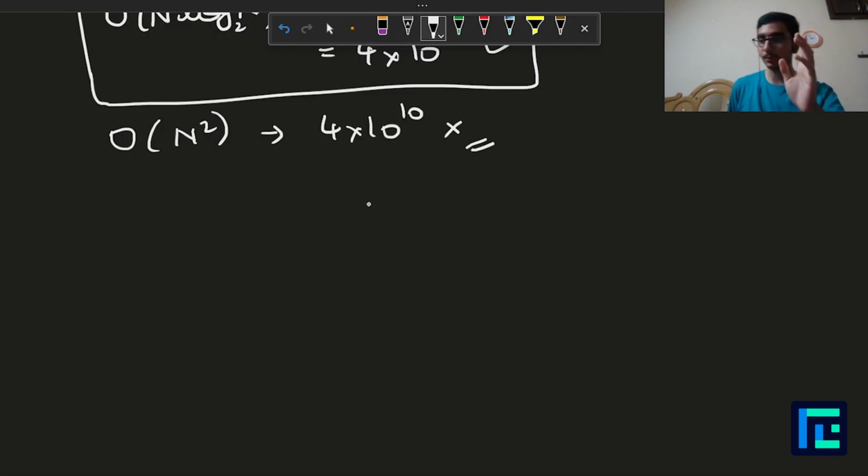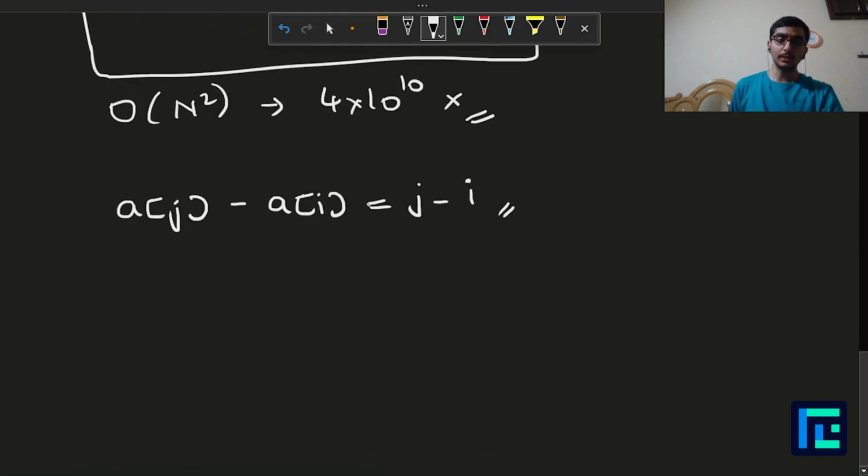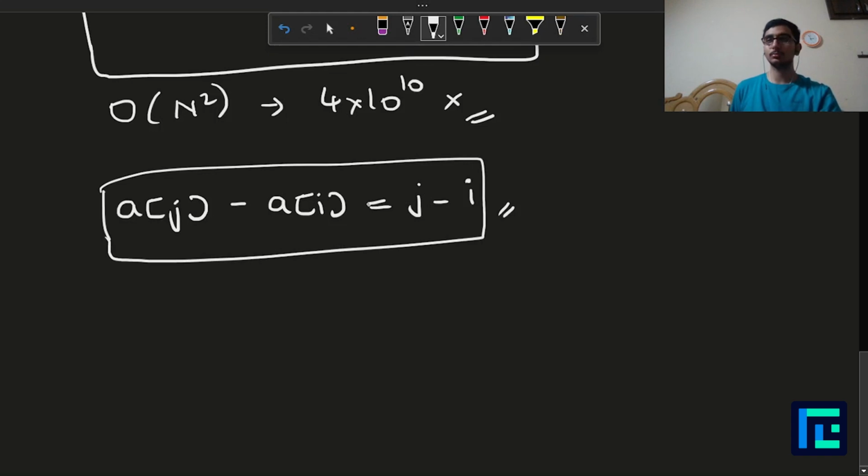Now, the solution to this problem is quite fascinating. So let's rewrite the equation given in the problem statement. A of j minus A of I equals j minus I. Now, just looking at this equation, it is quite difficult to come up with any algorithm that would be easily able to solve this, right?